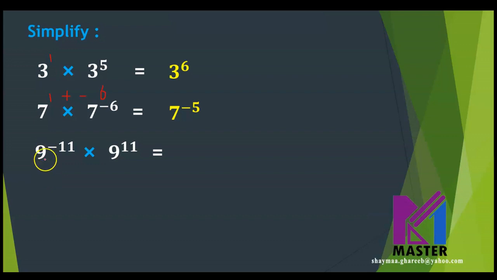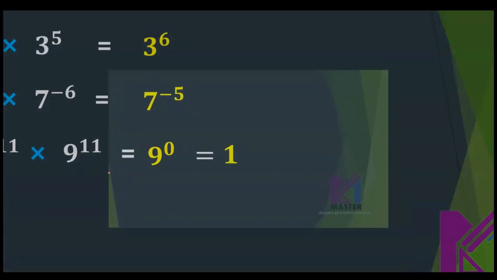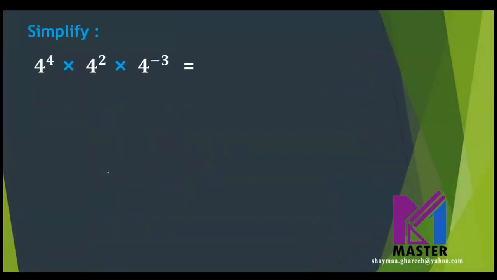Next example, 9 to the power of negative 11 times 9 to the power of 11. When you add both numbers, negative 11 plus 11, you will get 9 to the power of 0, which is 1 whole. Now look at this example here. 4 times 4 to the power of 2 times 4 to the power of negative 3.